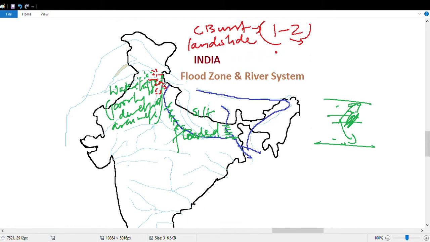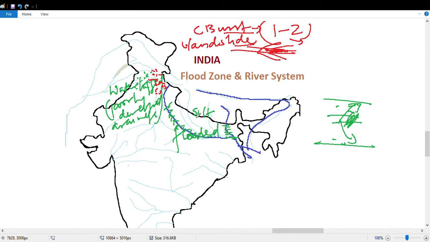Landslides are there due to the cloud burst. It blocks the path of the river and flood is created.